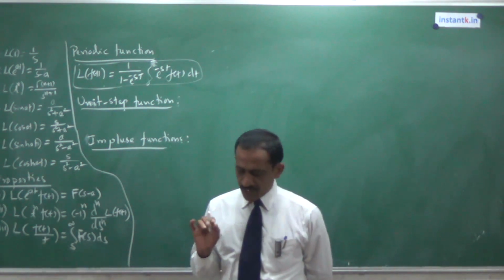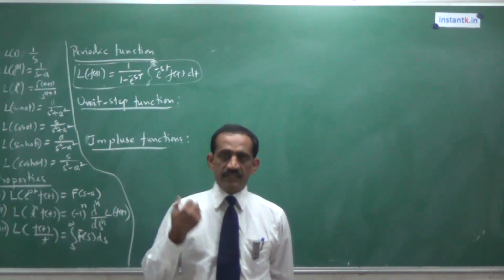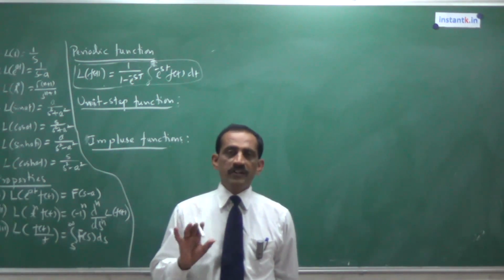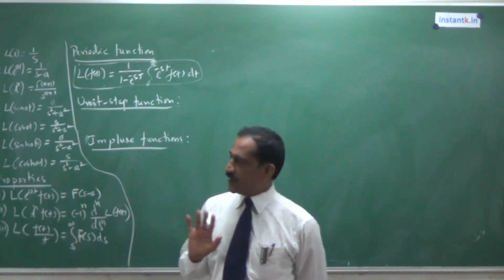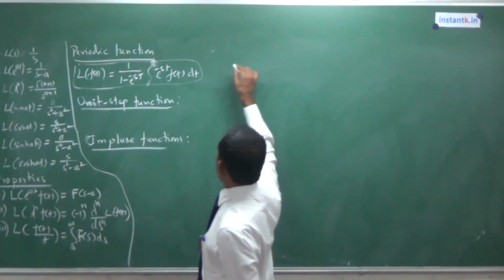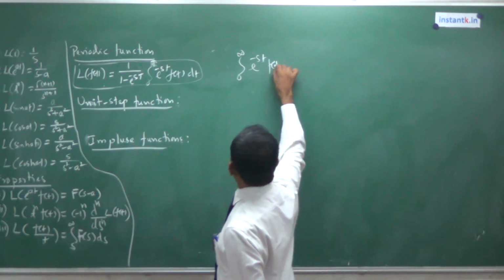So in order to write the answer for this question, what theory you should know is, first of all, what you mean by Laplace transform. The definition must be known perfectly. So Laplace transform of a function f of t is defined as the integral from 0 to infinity of e power minus st into f of t into dt.